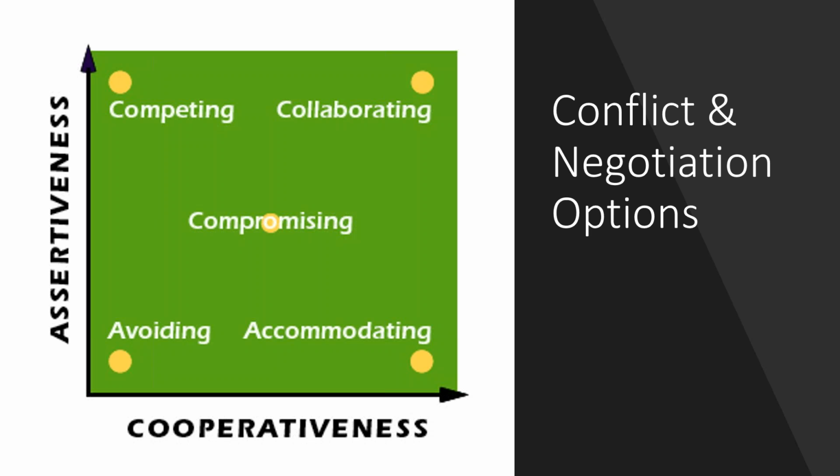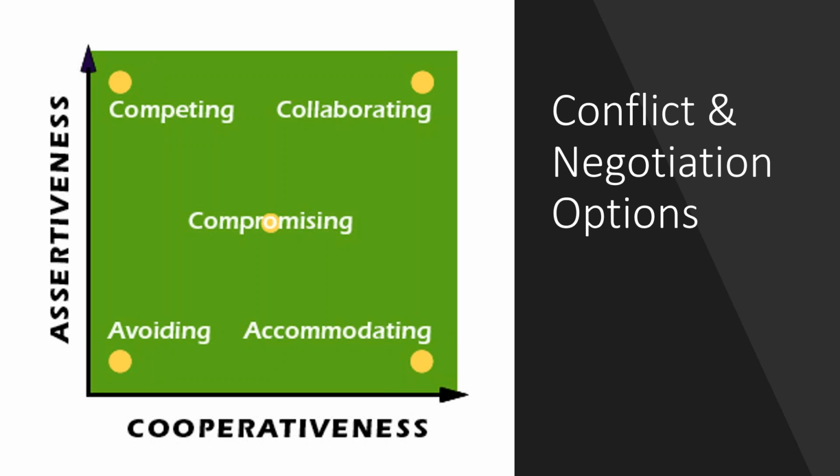So we understand the relevance of that, but when you look at your score, determine how it compares to the other four scores. So if you had a relatively low score in accommodation, it might mean that you're too keen on trying to get your own way, and sometimes it's appropriate to just let it go and let the other person win, particularly when the relationship may be at stake.